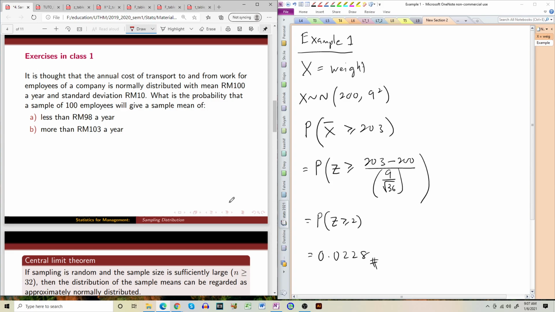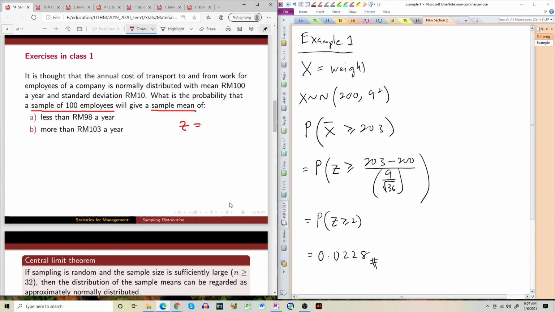It is thought that the annual cost of transport to and from work for employees of a company is normally distributed with mean 100 and standard deviation 10. What is the probability that a sample of 100 employees will be... Sample is given here, sample mean is given here, and for sure this is a sampling distribution. That's how you identify a question.